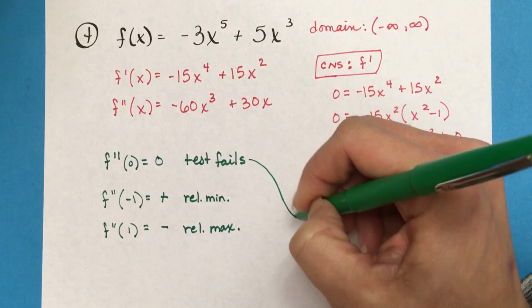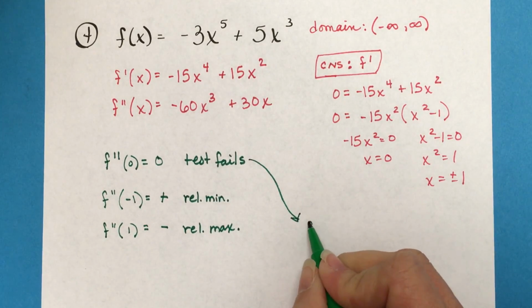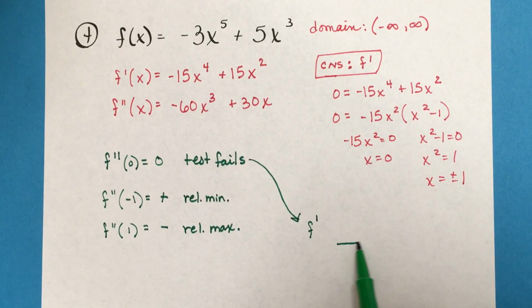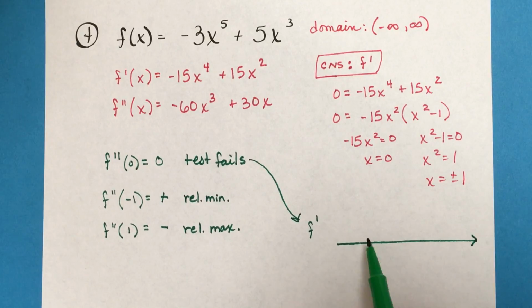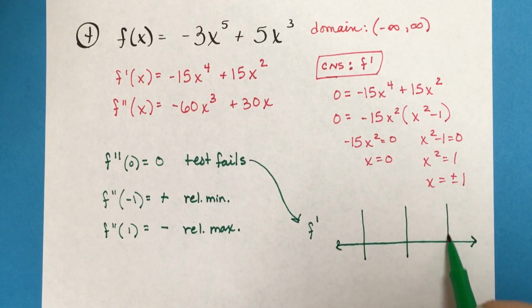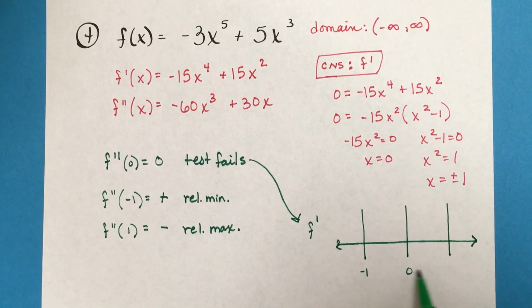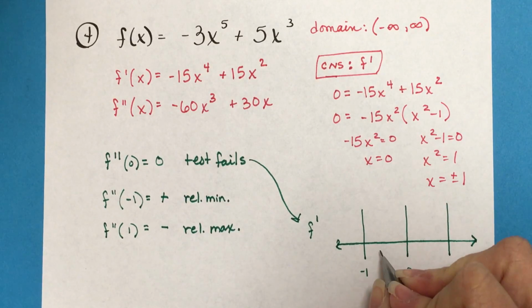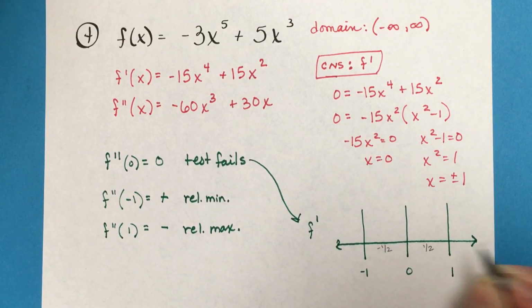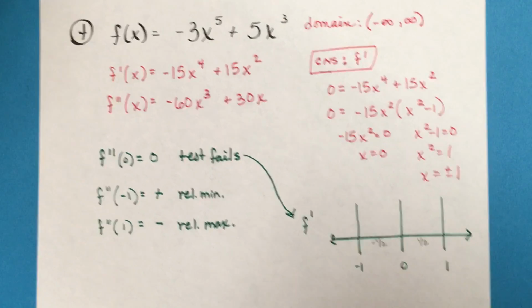So from here, we've got to go back to the first derivative, and we're going to do it just like what we did before, and we're going to do a sign graph. Now remember, my critical numbers are -1, 0, and +1. Of course, 0 is the only place that it failed. So when you're picking a test number, I'm just going to use -1/2 and +1/2.